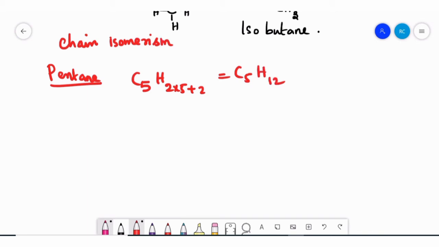So this is pentane. There are 5 carbon atoms that you can write in a straight chain.